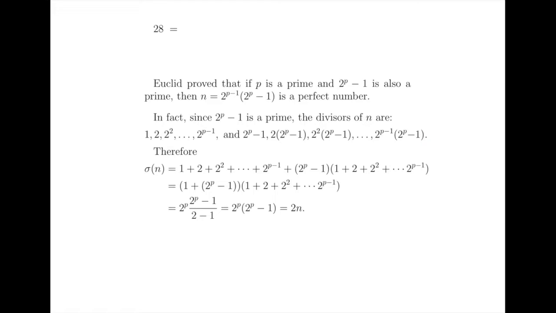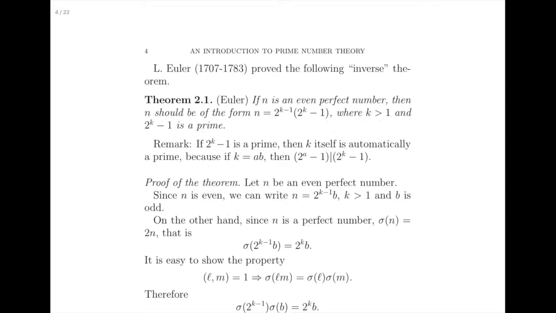But this was proved by Euclid in the ancient Greek days. But then, more than 2,000 years later, Leonhard Euler, I think you know that he's the greatest mathematician of the 18th century, born in Switzerland and working in Russia and Germany, wrote many theorems in his life.